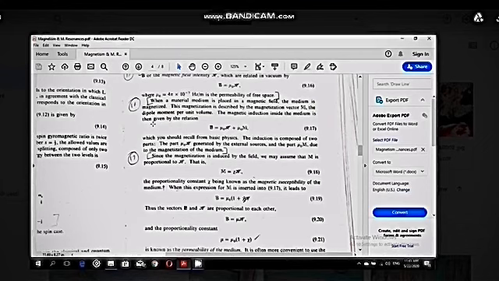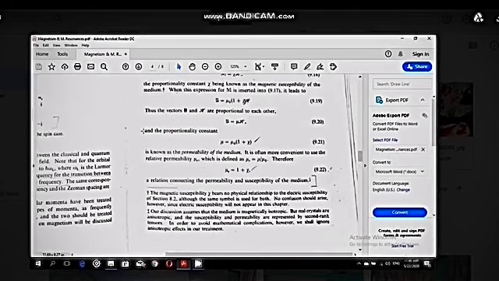When this expression for M is inserted in equation 9.17, it leads to B equals mu naught times bracket 1 plus chi times H. Thus the vectors B and H are proportional to each other by the formula B equals mu H, and the proportionality constant mu is given by mu naught times 1 plus chi, and this proportionality constant mu is known as the permeability of the medium.